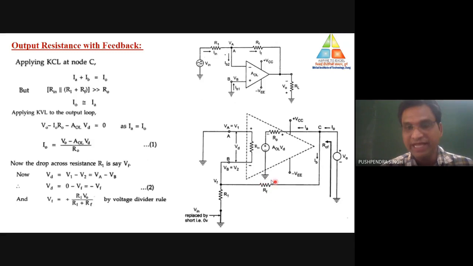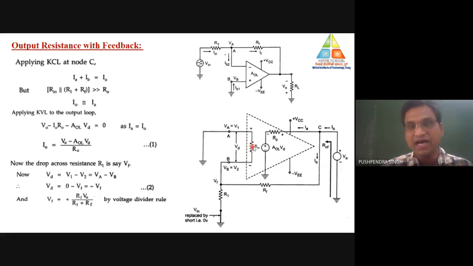Now discuss this particular part. Here one feedback element is connected, and the value of feedback resistance in the case of the op-amp will be in kilo ohms. So here the value of resistance was in ohms, but here the value of resistance is in kilo ohms. Moving further, one more resistance R1 is connected, and at this particular node the input resistance Rin is connected.